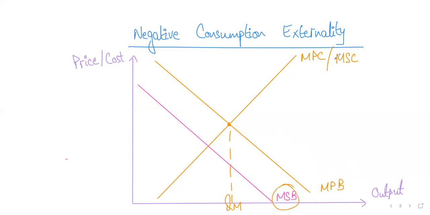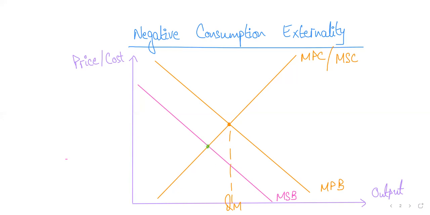And why I said that private cost and social cost are equal, because obviously we are assuming that production of cigarettes doesn't cause any externality. It's only the consumption that is harmful for the society, right? So where the social benefit equals social cost, that is where the society should consume, and that makes it this level, right?